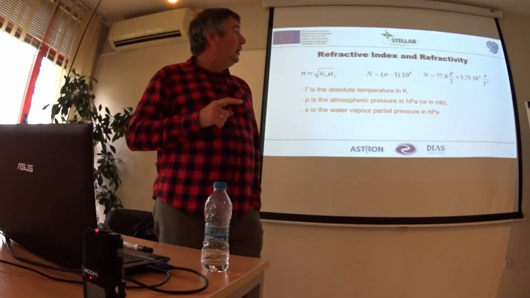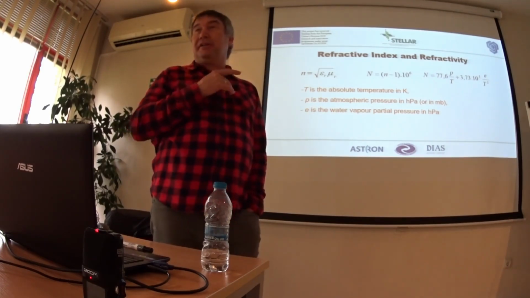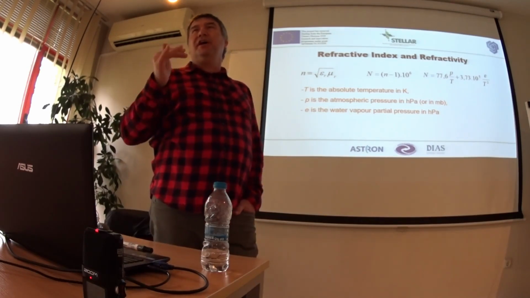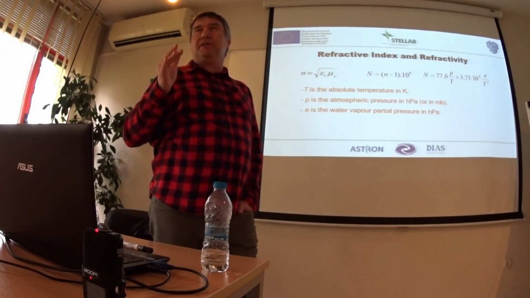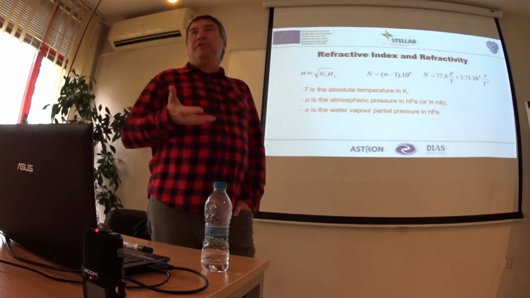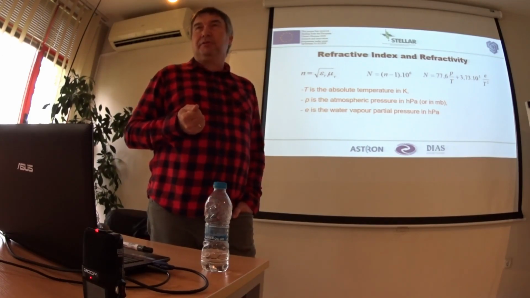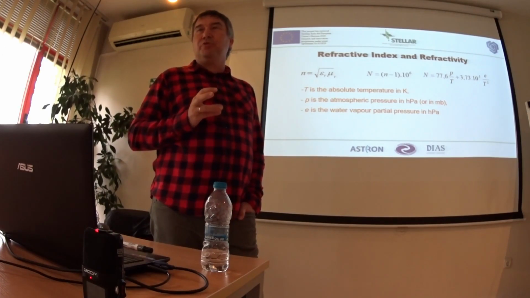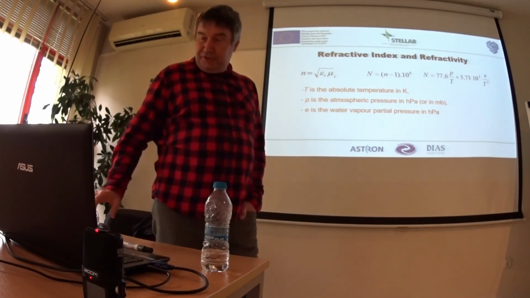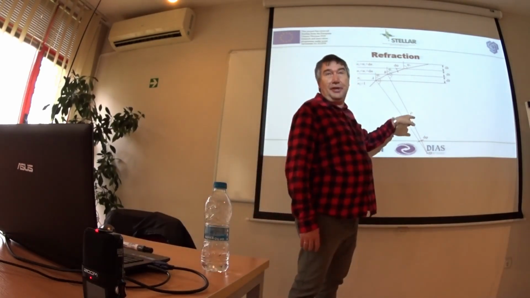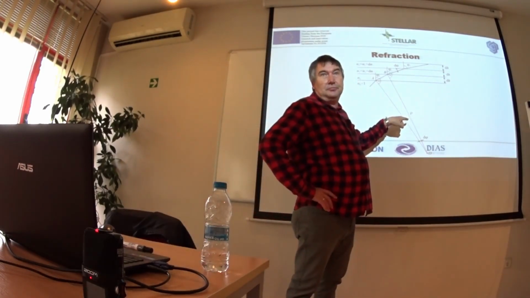Sometimes the gradient of temperature is not 5-6 degrees per kilometer, but bigger, maybe 10, 12 degrees per kilometer, and that leads to variation of this path and variation of the radius of this path.